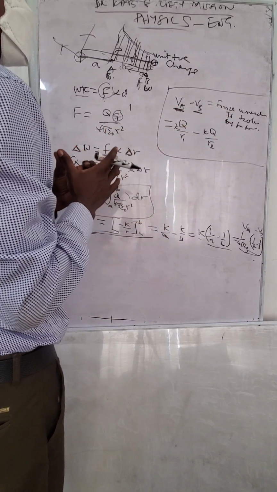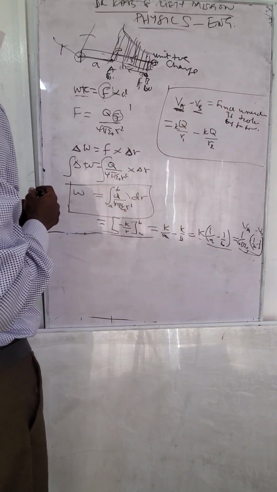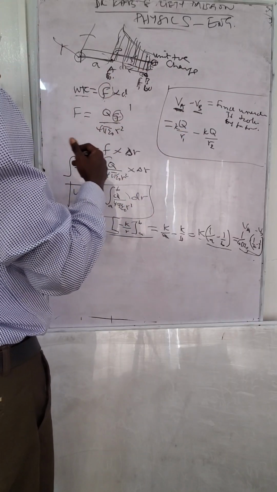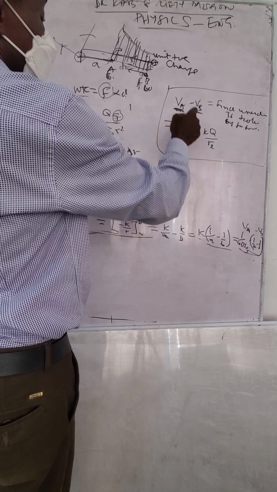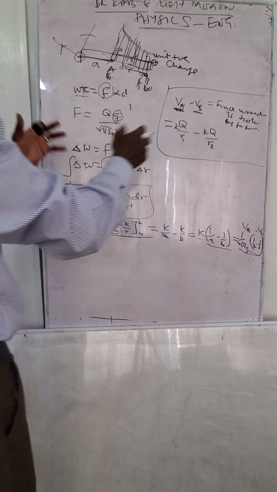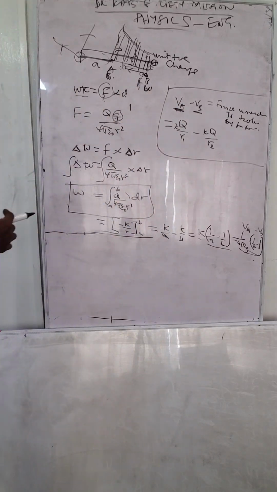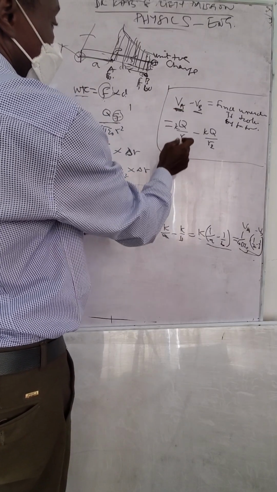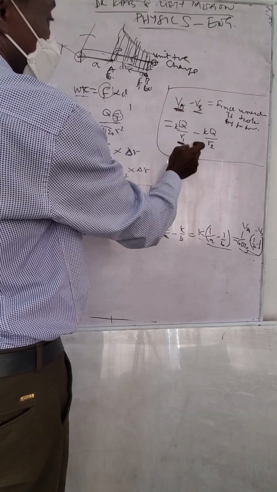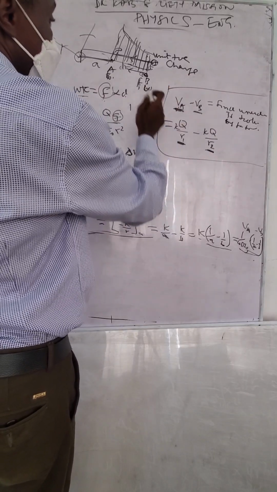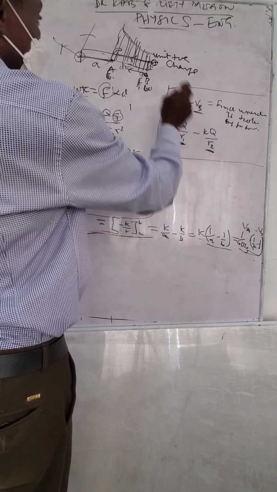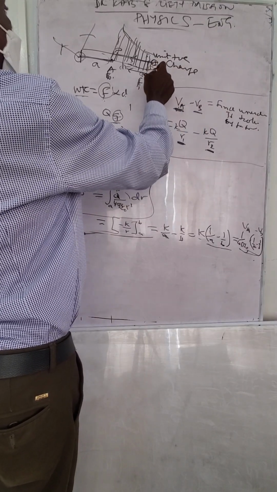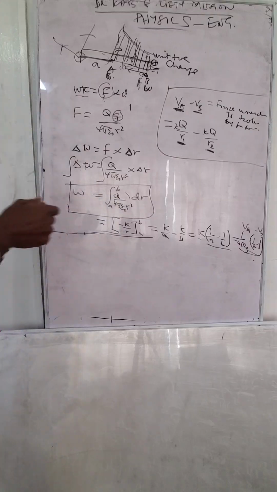Work done is not a vector quantity, it's a scalar quantity. So you subtract the smallest from the biggest. And this reference of potential here is not as we have indicated in the other ones. So this becomes just the voltage, the potential at A minus the potential at B, where B is further away and has lower potential, and this has a bigger potential.